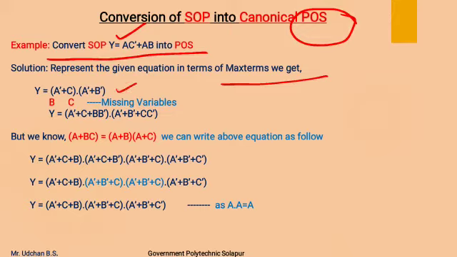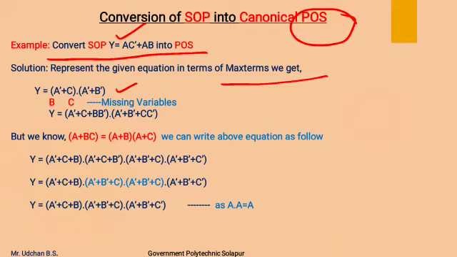the given equation is written like this, that is AC bar is written as A bar plus C, and this plus sign is written as dot. After that AB is written as A bar plus B bar.